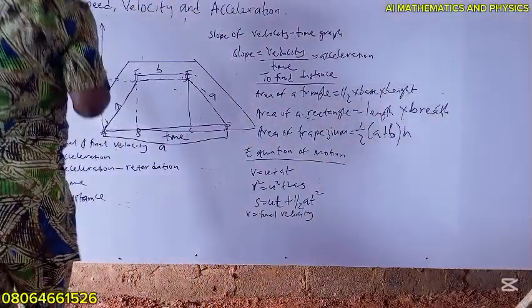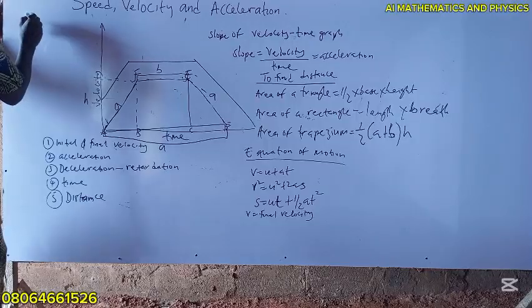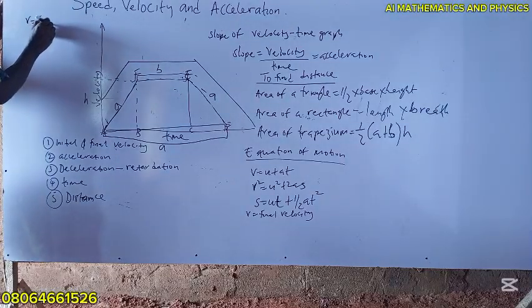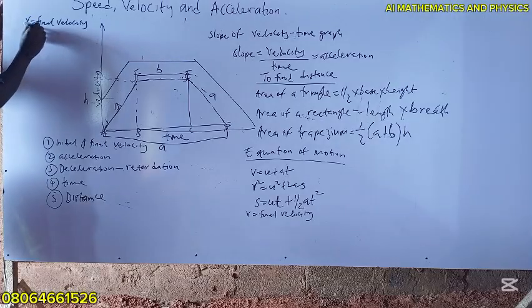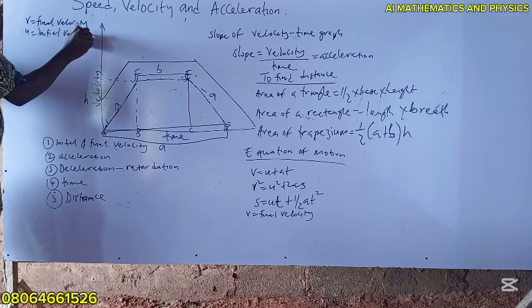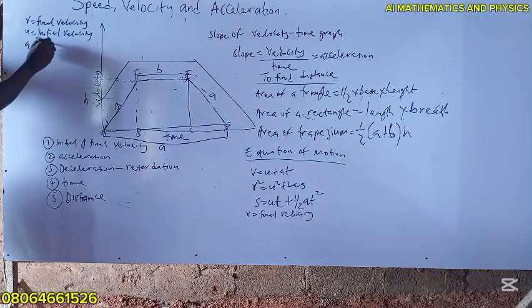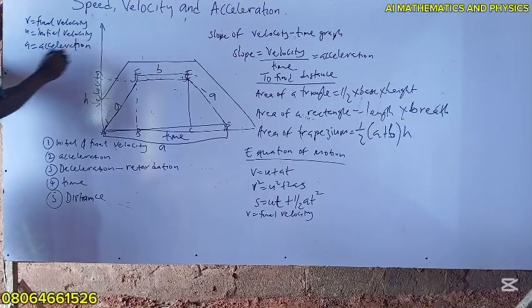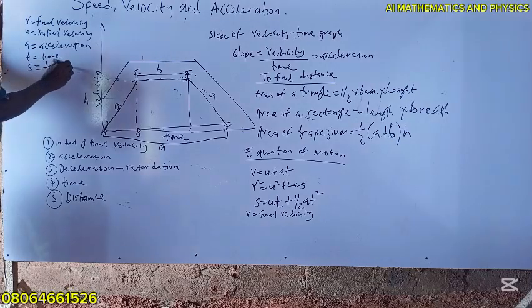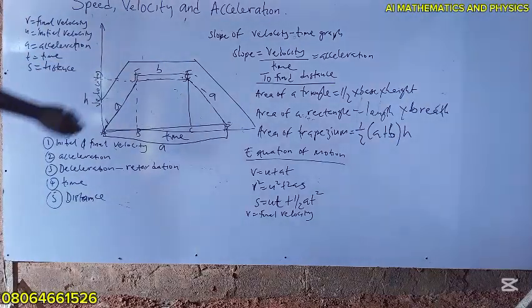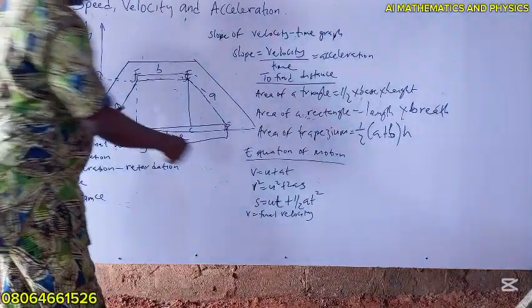Here V means final velocity, U is initial velocity, A is acceleration, t is time, and X is distance. So those are the five letters we have here.